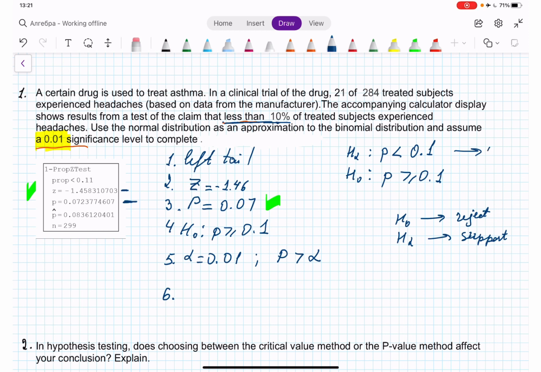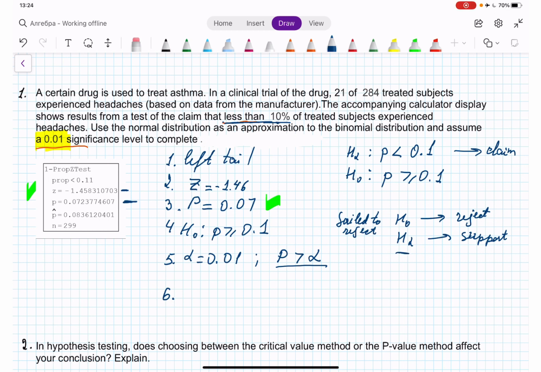Now, since our claim is alternative, less than, accordingly we have to draw conclusions regarding our claim. Let me write down, this is claim, and we said we fail to reject, right? Number 5, we fail to reject the null hypothesis based on p-value greater than alpha. So, our claim is the alternative one, this one.